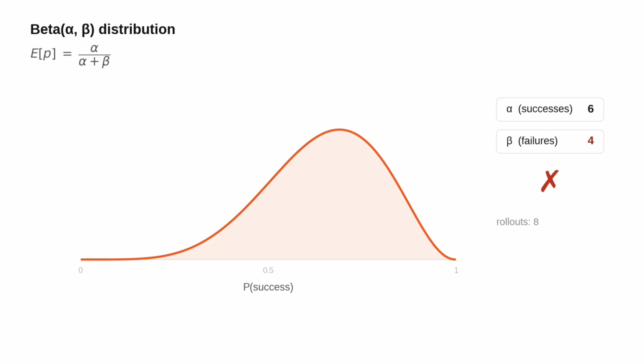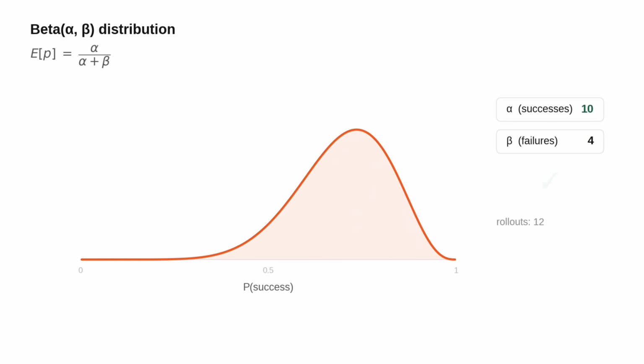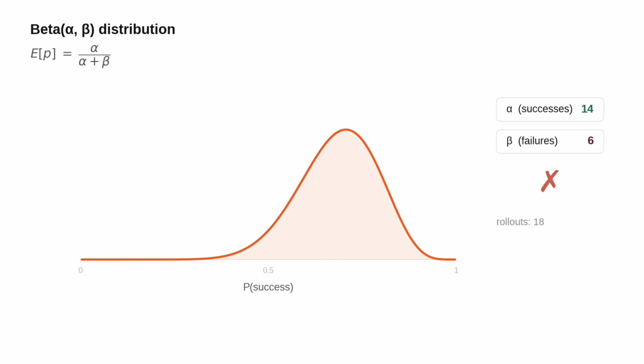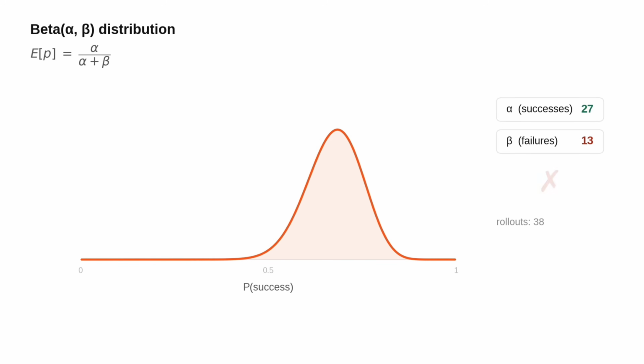It's slightly biased because of our original prior assumptions, but eventually it converges very close to the actual success probability. The wider this distribution is, the higher our uncertainty about this probability estimate. Obviously, when we have fewer rollouts, our uncertainty is high. But when we increase the number of data points, the uncertainty decreases, and eventually our distribution becomes very narrow around the actual success probability.